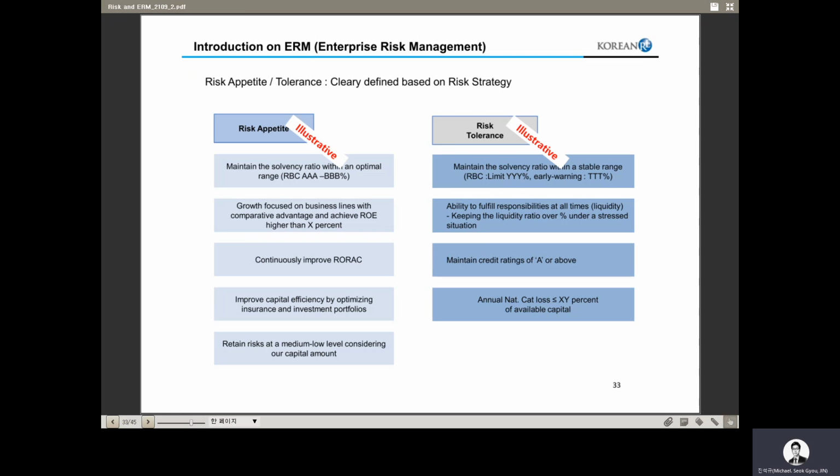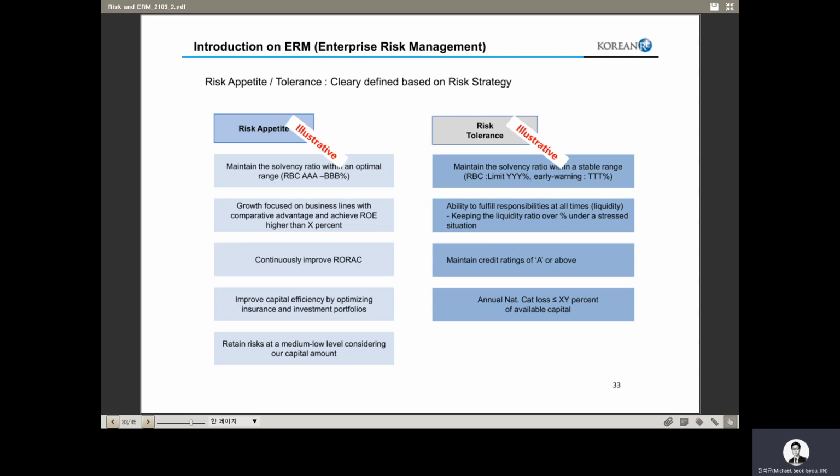To briefly give more introduction on risk appetite and tolerances, it's closely related to the definition of risk strategy. Currently, we are pursuing and maintaining the solvency ratio within an optimal range, and for growth, we focus on business lines with competitive advantages and achieve ROE higher than our target, and continuously improve risk-adjusted return and capital efficiency, and retain medium to low risk.